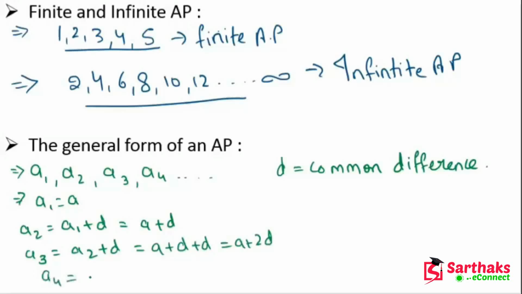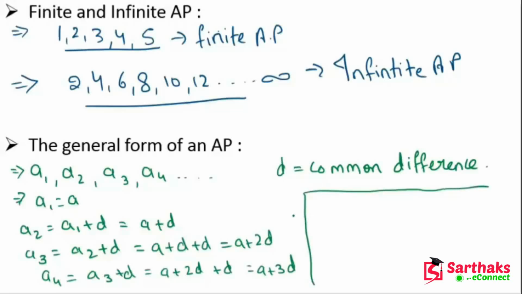Now we can easily find A4. A4 is A3 plus D, and A3 is A plus 2D, so A4 is A plus 3D. So these are A plus D, A plus 2D and A plus 3D. Now we can find any term, like if we want A50, we can write it as A plus 49D.